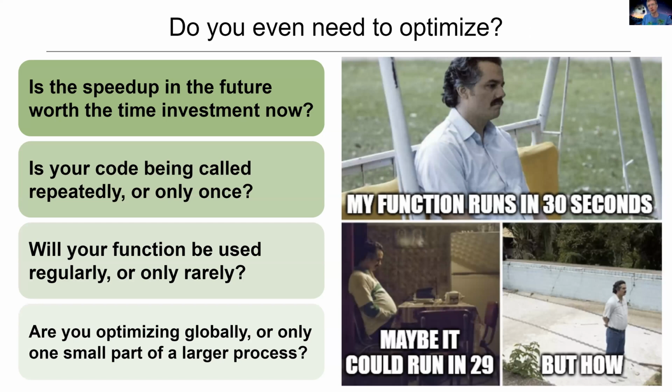There are a lot of questions here on the left, but basically the idea is if the function is being called once, maybe you run the process once a month, and you think you can shave off like 30 seconds out of a 2-hour process, it doesn't really need to be optimized at that point. That being said, if you have a very slow function you're calling over and over and over again, that's when you need to start thinking about optimization and speeding up your code. It takes time. It's an investment. So you just have to decide if it's worth it.